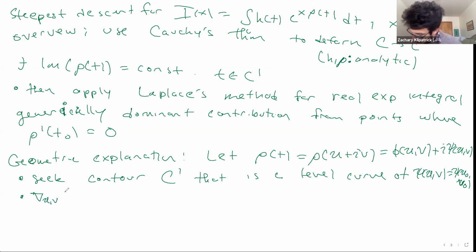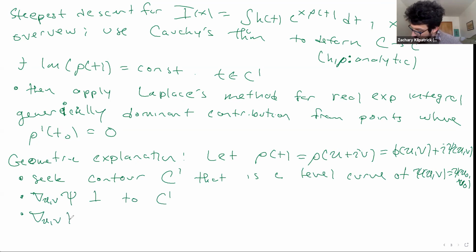The gradient in uv of psi should be perpendicular to C prime. And what does this imply? We'll see.